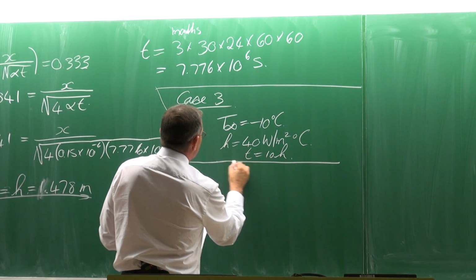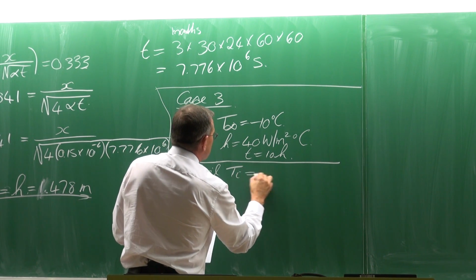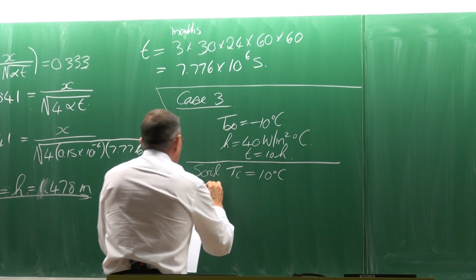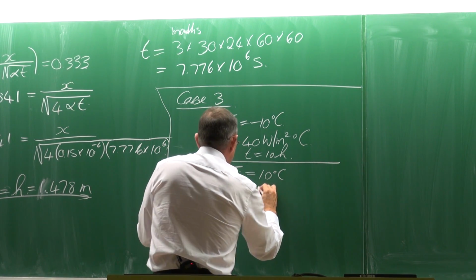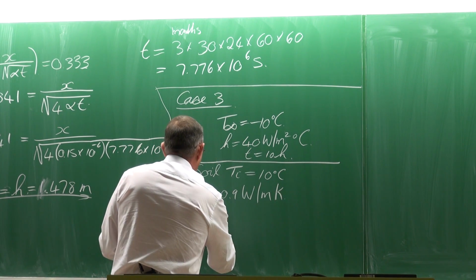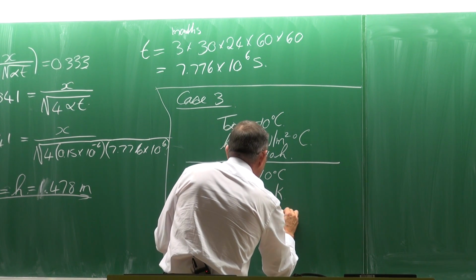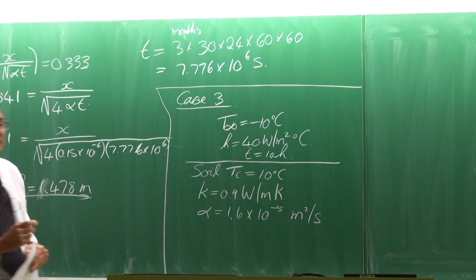We've got the soil or the earth, which is originally at a temperature of 10 degrees Celsius. The thermal conductivity is equal to 0.9 watts per meter Kelvin, and alpha is equal to 1.6 multiplied by 10 to the minus 5 square meters per second. Alpha, the thermal diffusivity.